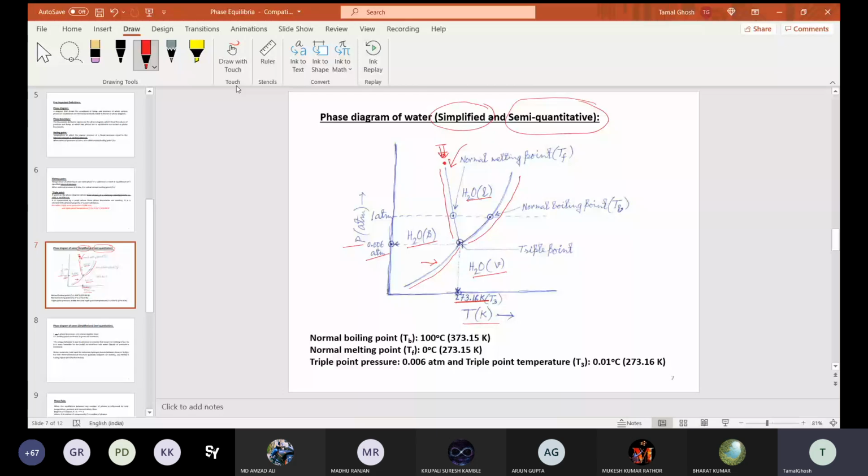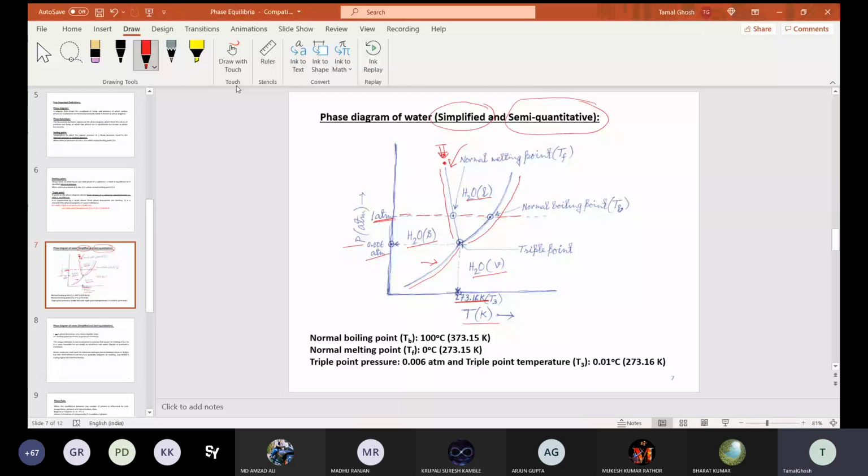That is one thing. Second thing is, the normal pressure is also shown on the pressure axis. You can see 1 atmosphere. This is the dotted line. This normal pressure line is intersecting the solid-liquid and liquid-vapor phase boundaries, so we are getting the normal melting point and normal boiling point.